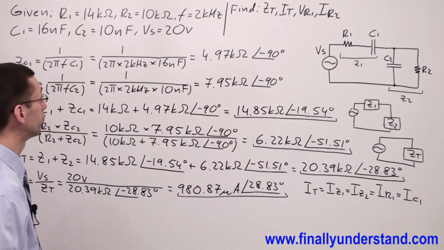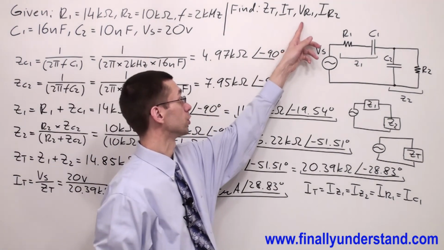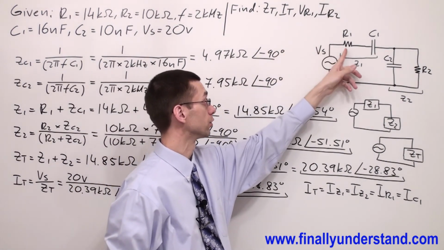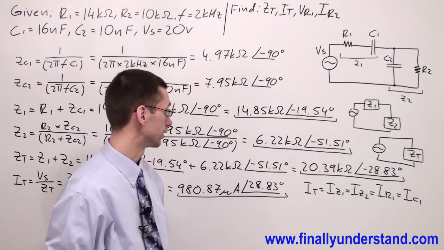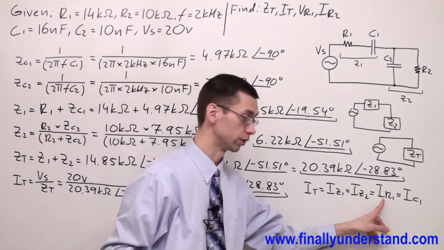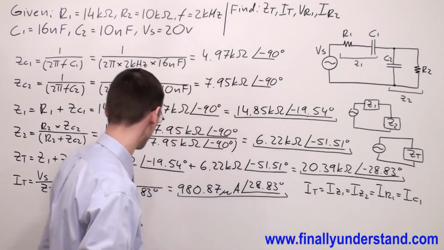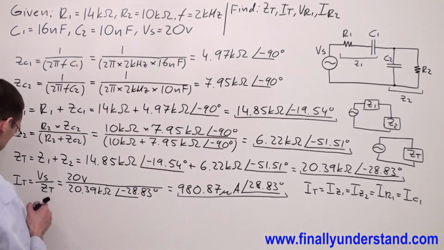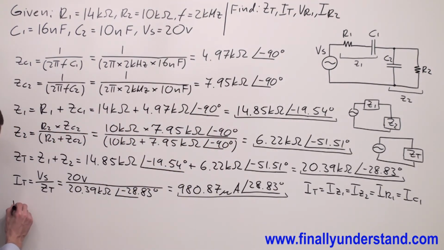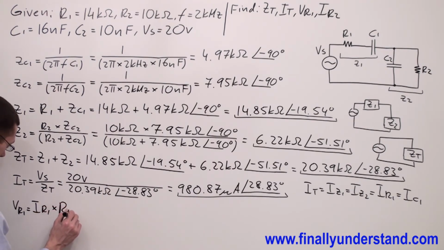Next, we're supposed to find the voltage across resistor R1, because we found that the current which goes through resistor R1 is equal to I total. I'm going to use Ohm's law again, but this time for voltage, and I'm going to write VR1 is equal to IR1 times R1.